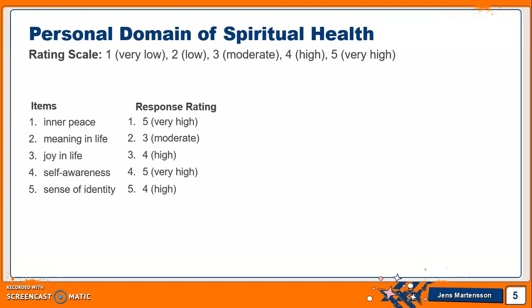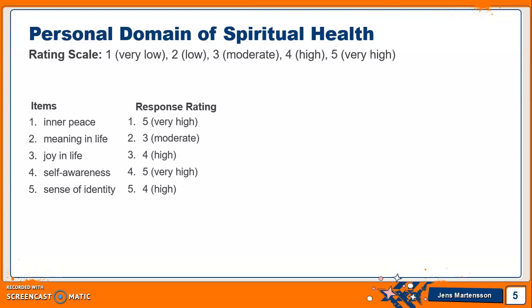In terms of inner peace, for example, the test taker may say it highly reflects how she feels at the moment, so the response rating is 5. For meaning in life, it may be moderate or 3, and so on.